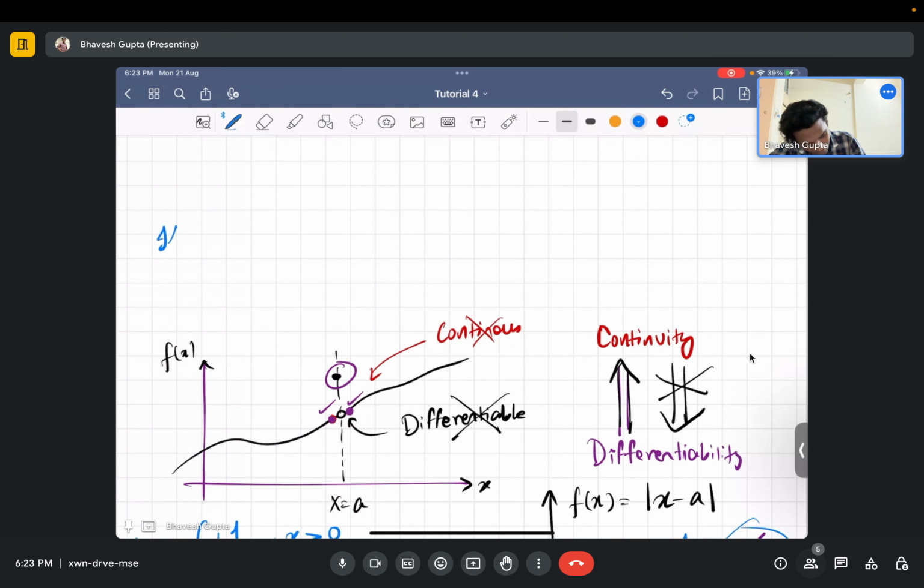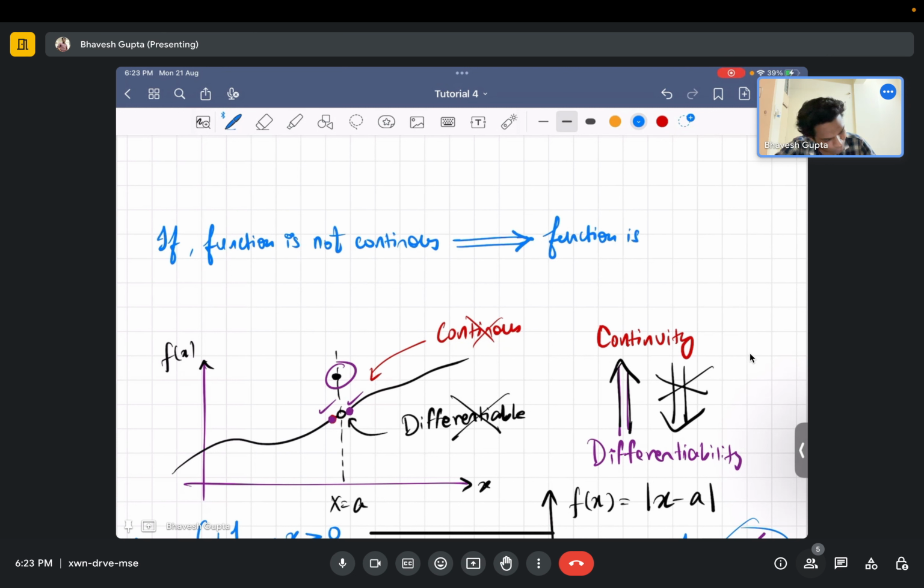If the function is not continuous, then you can immediately imply the function is not differentiable.